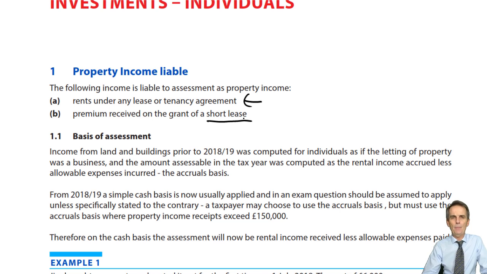And often what is happening here as well, it may be that given the popularity of a particular venue, the landlord is again able to charge this so-called premium. Now, you don't have to worry about how it is derived. All you've got to worry about is how do I deal with it from a taxation perspective.